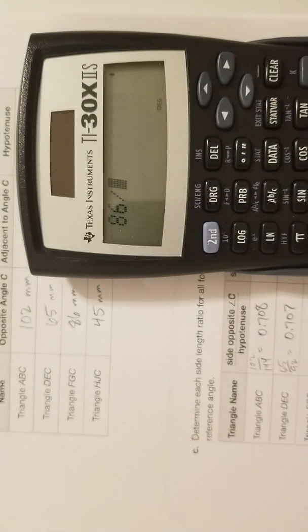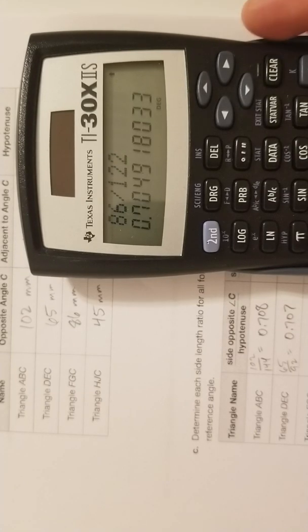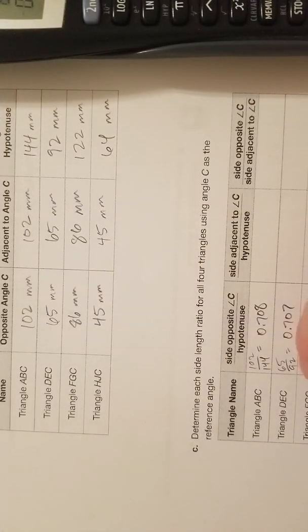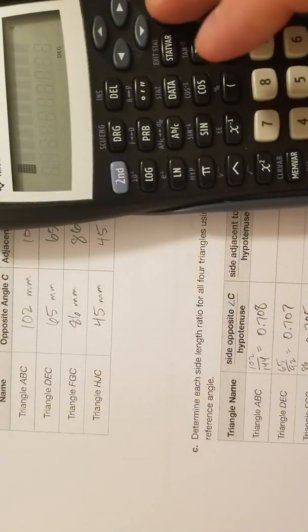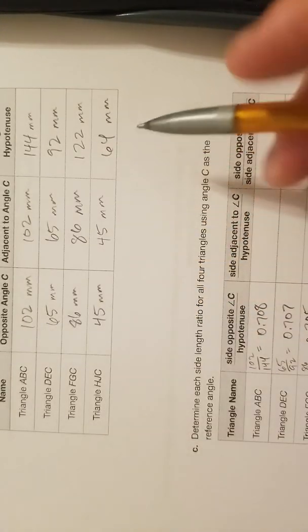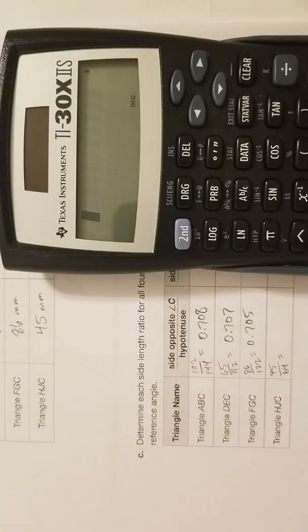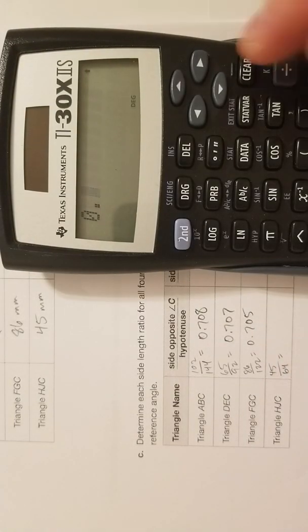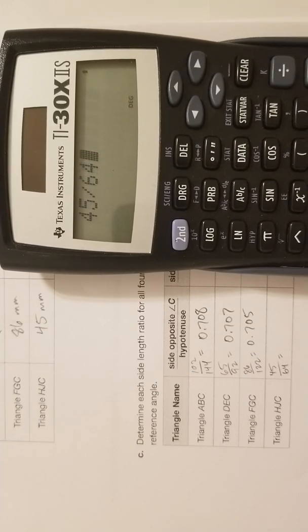This was going to be 86 divided by 122. So 0.705. And now the last one is 45 divided by 64, and I get 0.703.